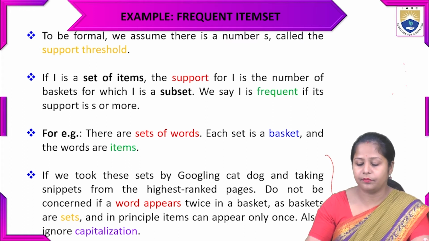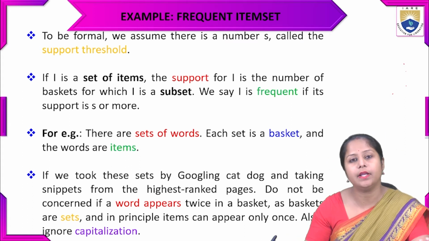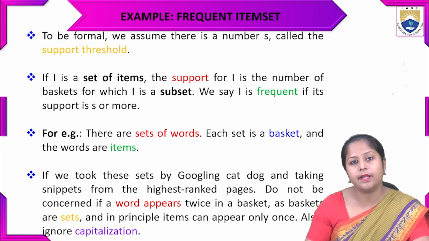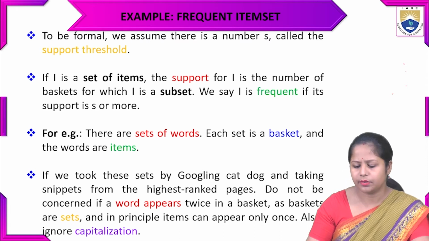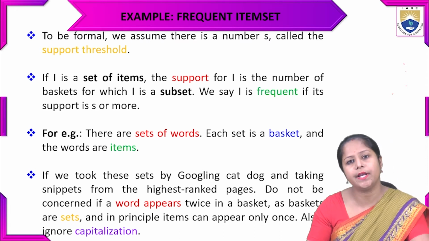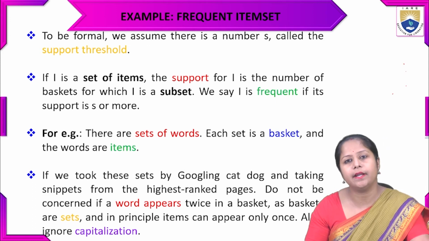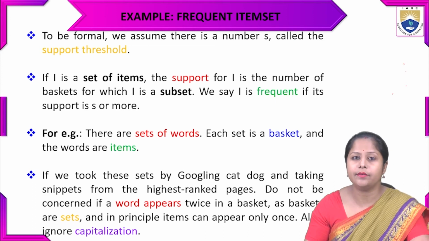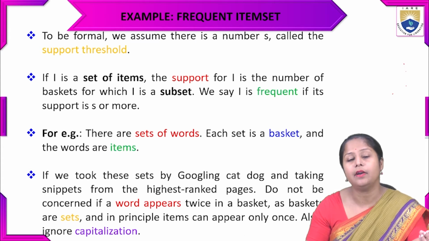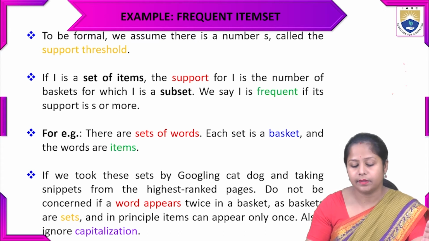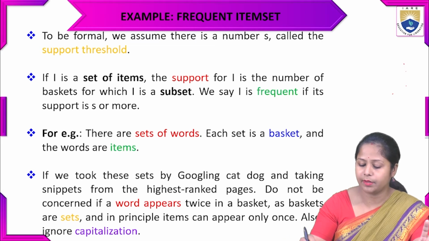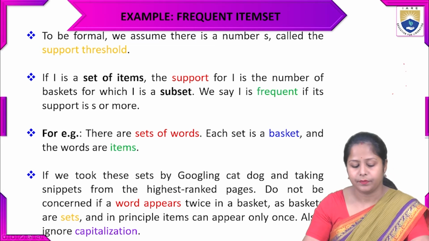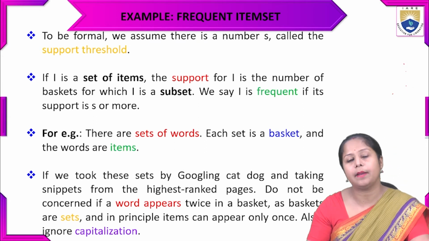We don't have to be concerned if some word appears twice in a basket. Even if the same word occurs together twice or thrice, the basket is a set, and in principle an item can appear only once. So for one basket, the item should occur one time. Also, we have to ignore capitalization.